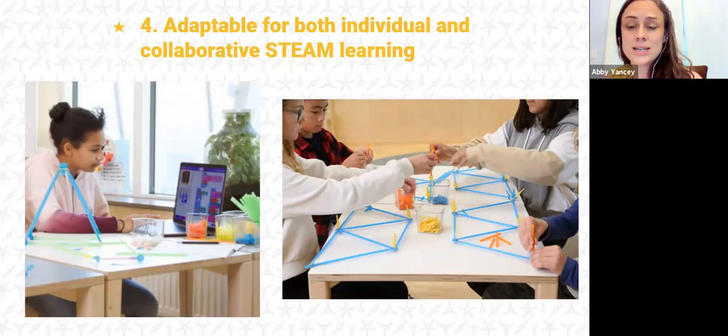So whether you're teaching in small groups and it's collaborative, or you need a solution that's individualized for at-home learning or other types of learning, virtual learning, a grant reader is going to appreciate that Strawbees are adaptable for different types of groupings and different types of hybrid or online or virtual or all in person. So whatever your school situation is, Strawbees can be adaptable and it can then reach more students.